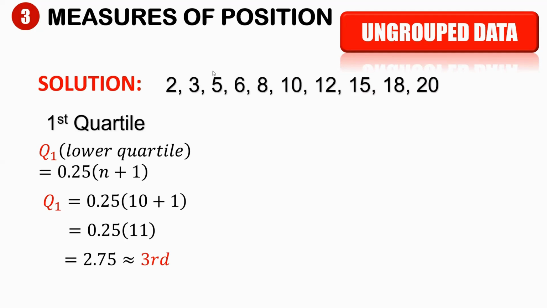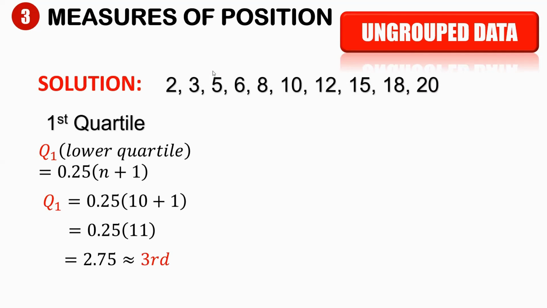Remember, for a lower quartile we have to round up. So 2.75 is approximately 3, the third location. Therefore, the value for the first quartile is 5, the third position value that we have.